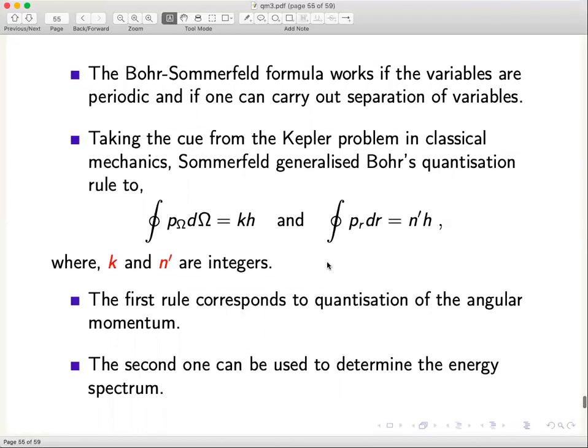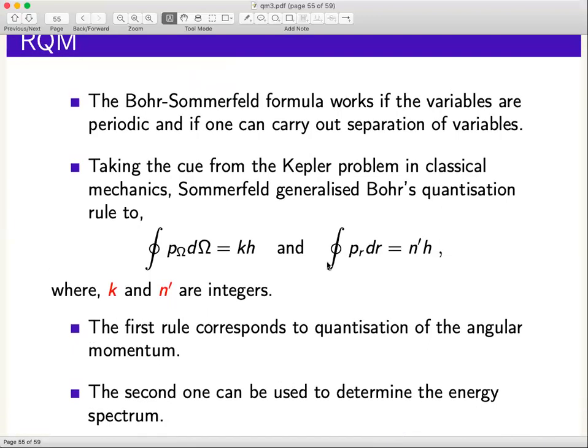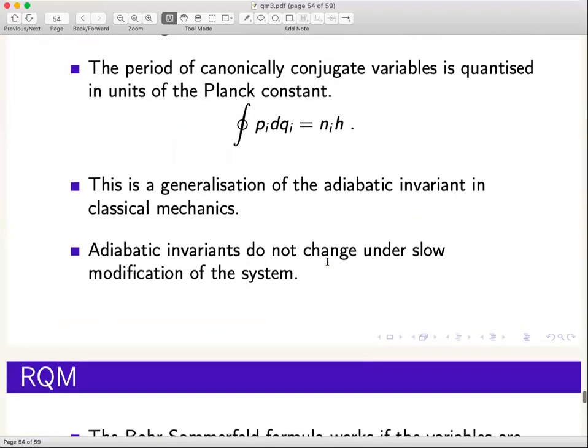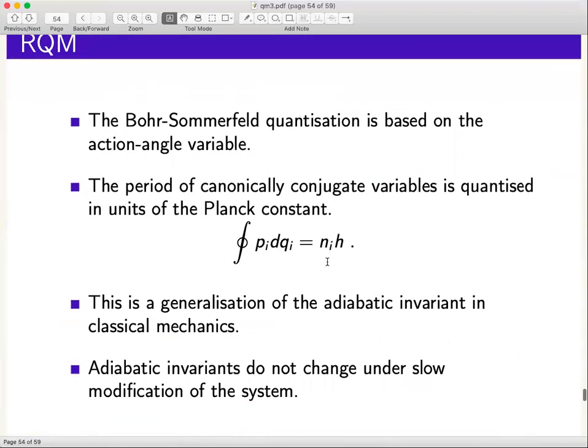You said that Einstein showed it should be replaced by n plus half. The integral of p dq should be n plus half times h if you have closed orbits. Will this work for elliptical closed orbits, like in Bohr quantization? It's just nh by 2 pi. That is right, but that is not correct in the sense that we know the angular momentum has that square root of L plus whatever.